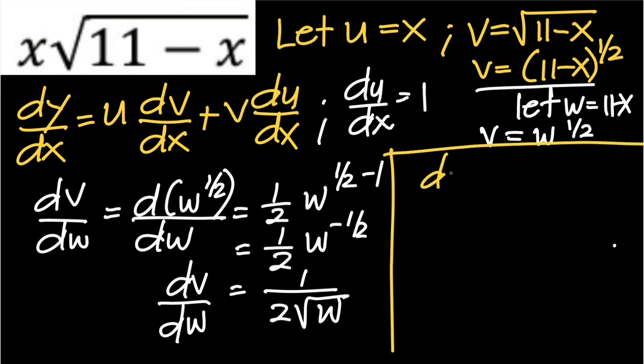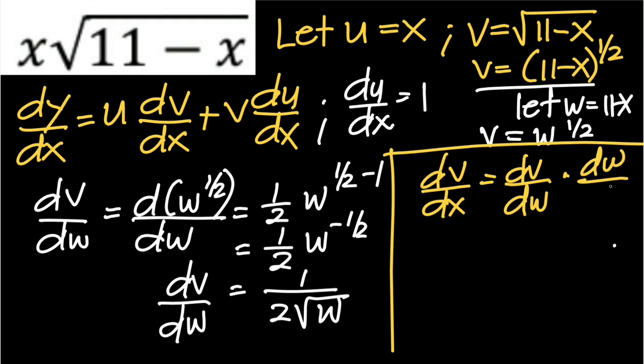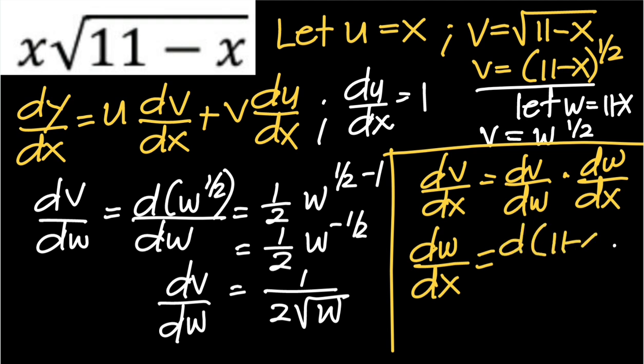So let's write the chain rule. That is dv over dx is just equal to dv over dw times dw over dx. So let's find dw over dx. So w here is equal to 11 minus x. So dw over dx is just equal to the derivative of 11 minus x with respect to x.